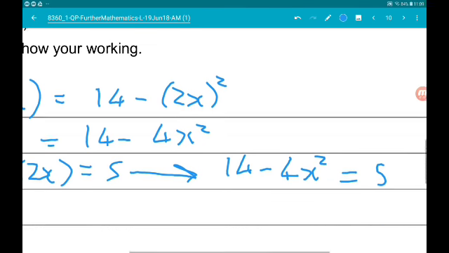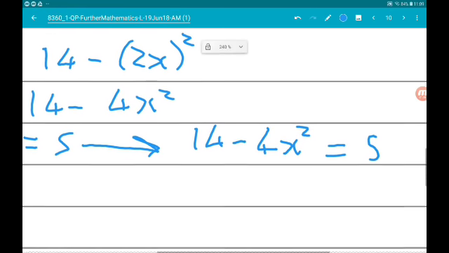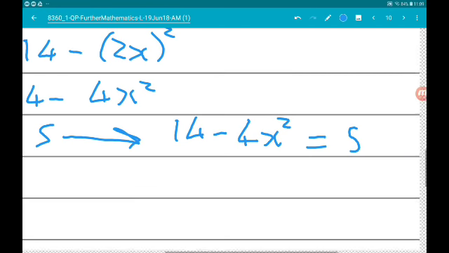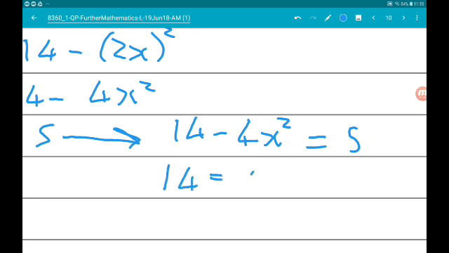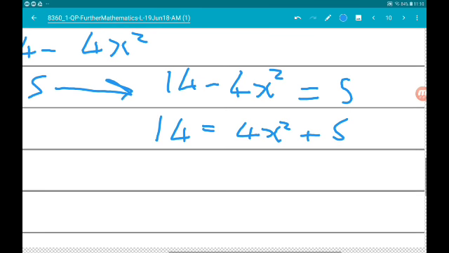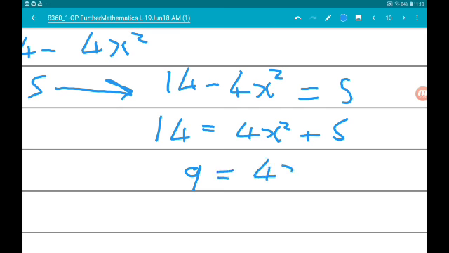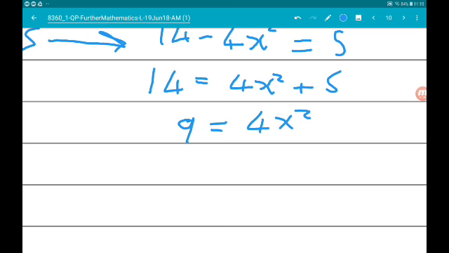Now, if we add the 4x squared to both sides, 14 is 4x squared add 5, take away the 5, we get 9 is equal to 4x squared. Divide by 4, 9 over 4 is equal to x squared.